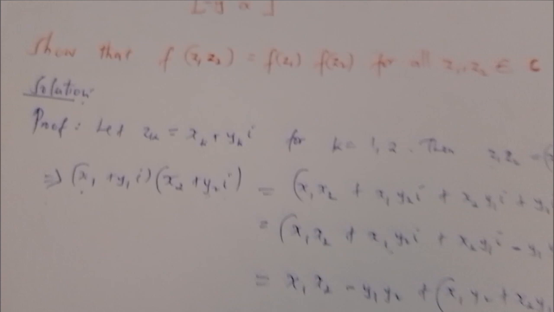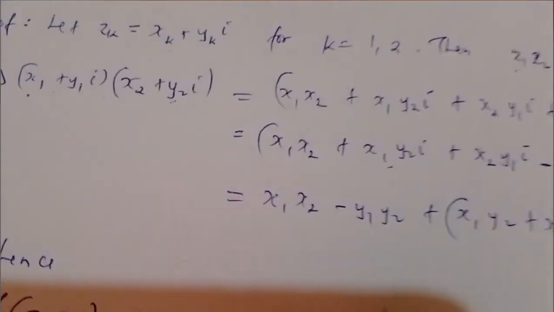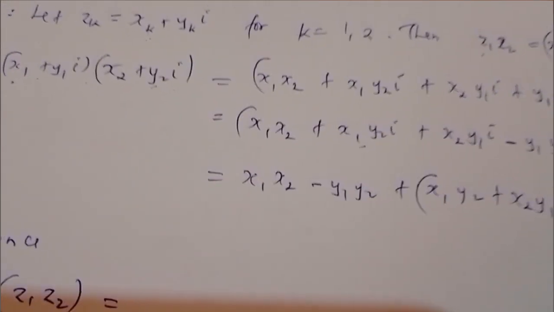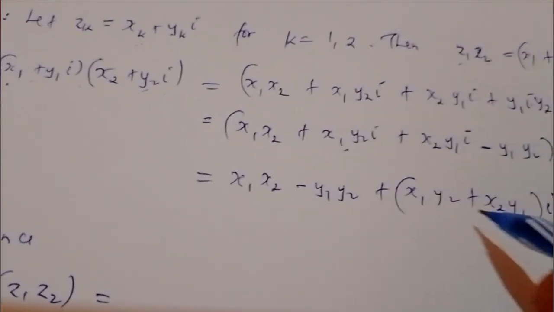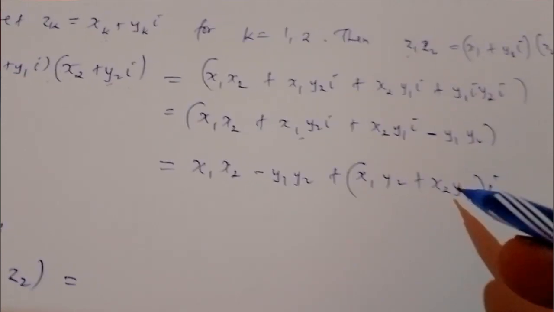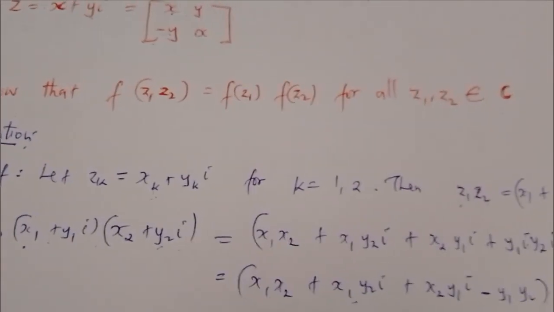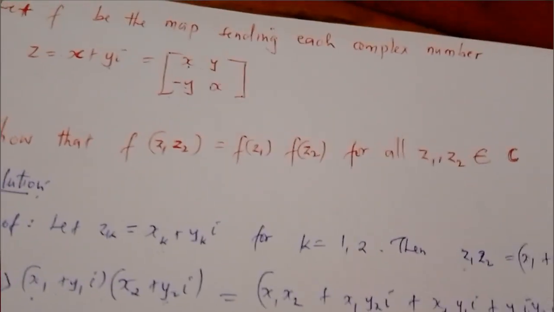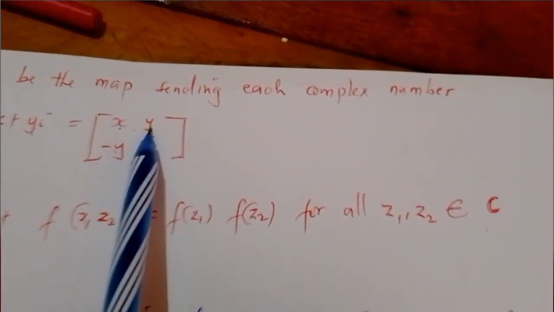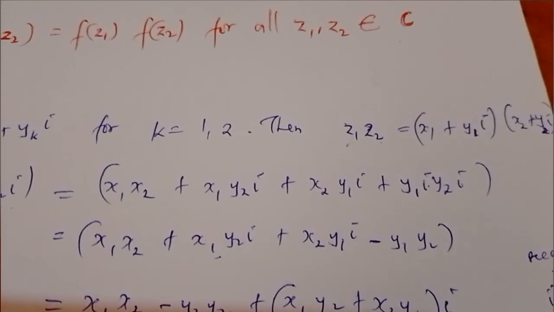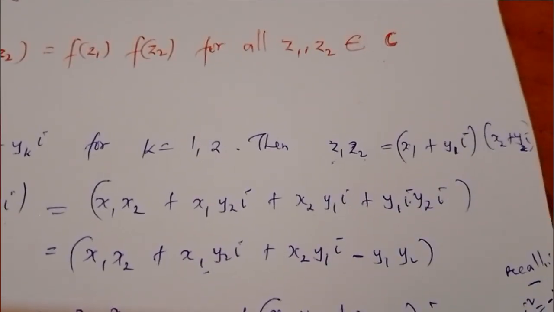So in this case, since we have gotten f(z1 z2) as x1 x2 minus y1 y2 for the real part, plus x1 y2 plus x2 y1 times i for the imaginary part, we shall put here x1 x2 minus y1 y2. Here we put x1 y2 plus x2 y1.